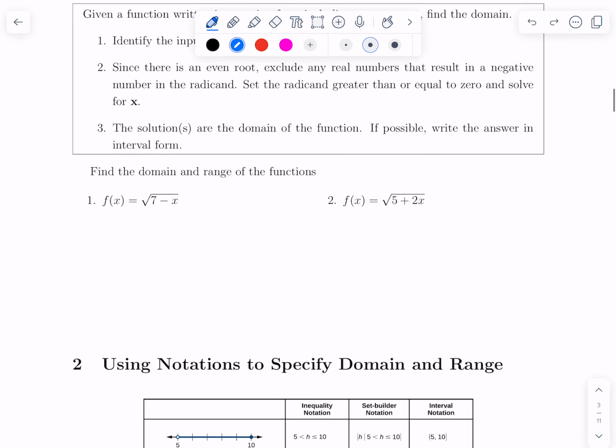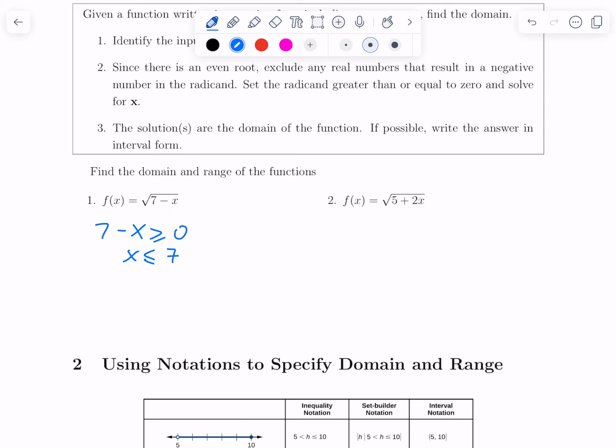So in this case, we have the function f of x equals square root of 7 minus x. So we need this 7 minus x to be greater or equal to 0, which means 7 is greater or equal to x, but we don't write it this way. We're going to write the variable always on the left-hand side, so x is less than or equal to 7.